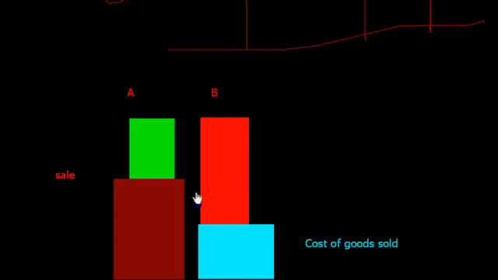This is cost of goods sold, but in B case this is just 33% cost of goods sold. From this we can get an idea that A company has less gross profit, but B company has more gross profit.